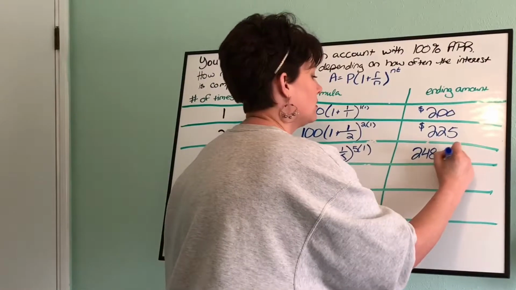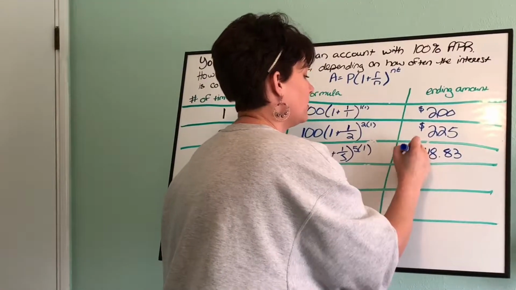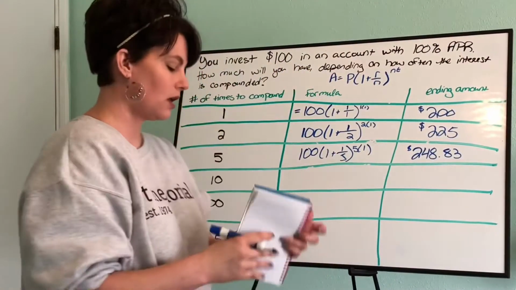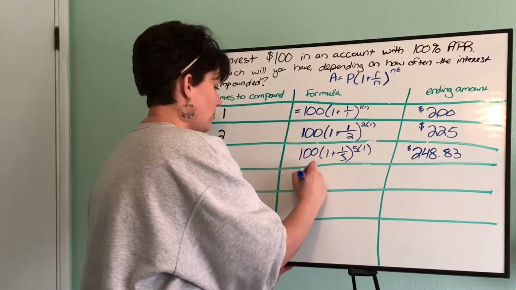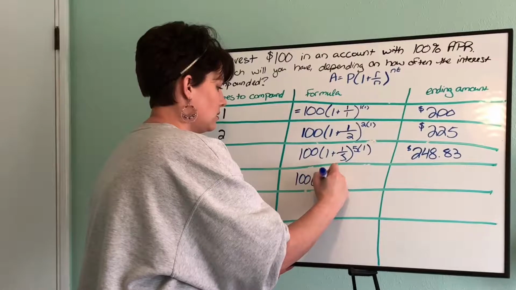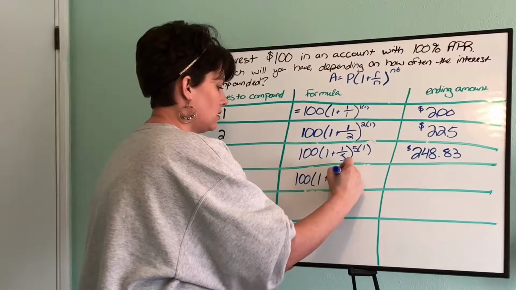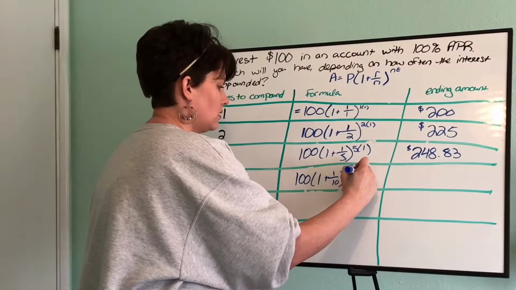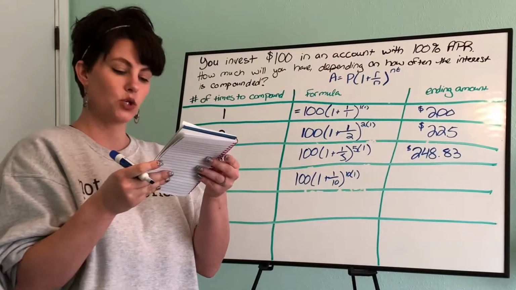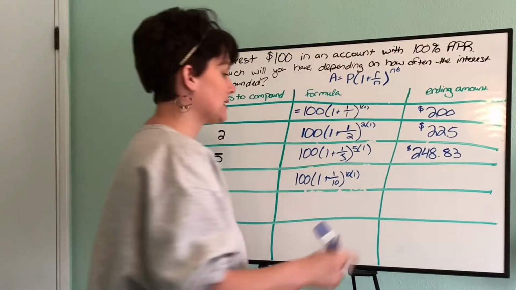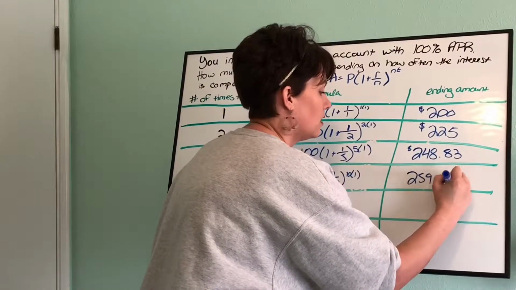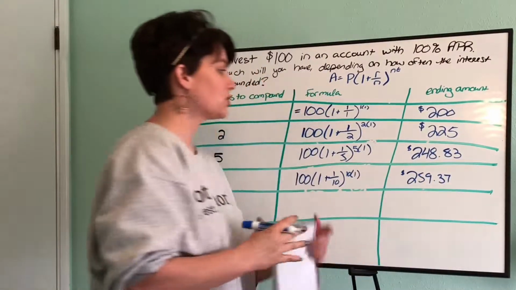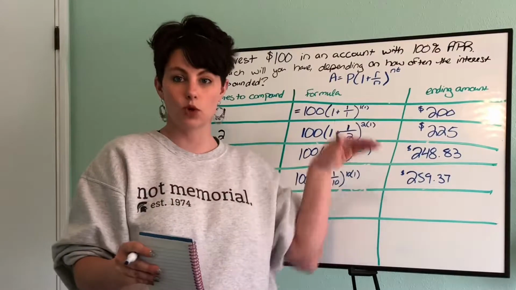I feel like this board's gonna fall over, let's hope not. If you compound 10 times in a year, then you get $259.37. Okay, so again, the more we compound, the more money we're going to have.